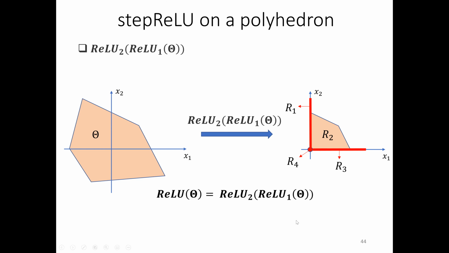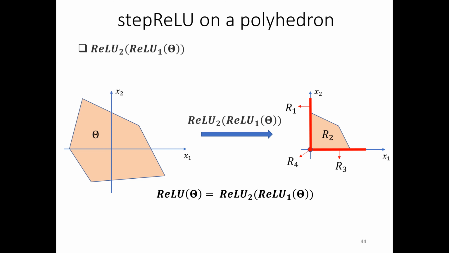So you know that we can compute the ReLU operations on the polyhedron by executing a sequence of step ReLU operations, right? And keep in mind that after one step ReLU operation, a single polyhedron can split up into two polyhedrons, right?